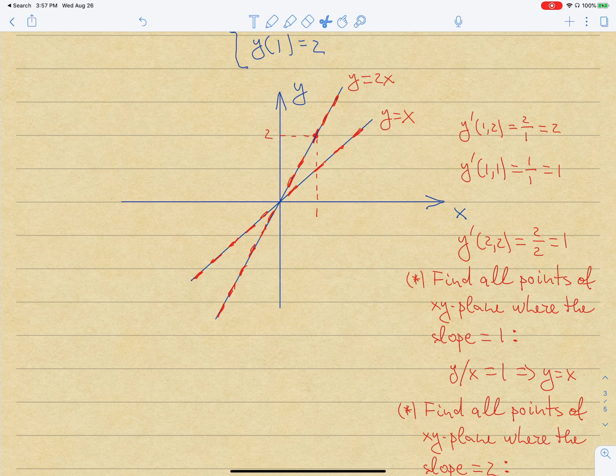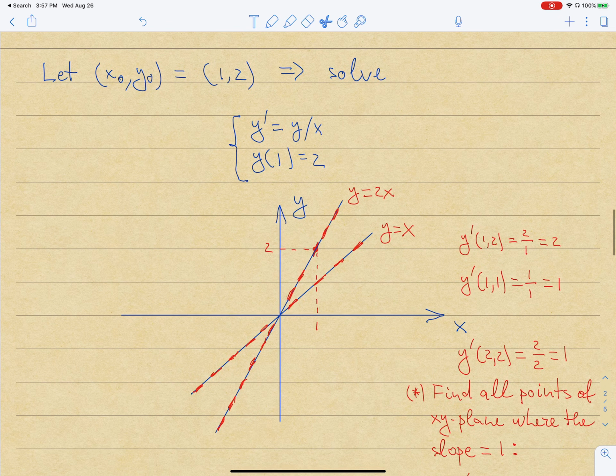So I can continue because I'm still lying on the line y equal to 2x. I'll have to continue moving along the same line because the slope is still 2. And so from this, you can see that y equal to 2x is actually a solution of my ODE. And because it passes through the point 1, 2, that solution looks like y equal to 2x.